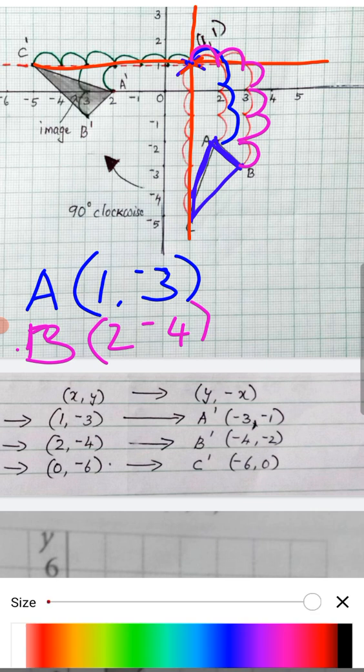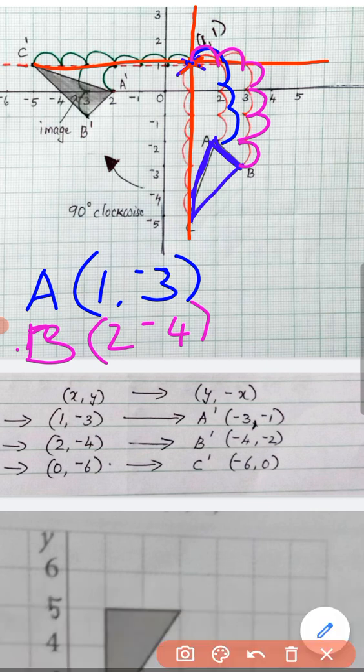Now find the new coordinate of C. This is our origin. From here, 1, 2, 3, 4, 5, 6 units down.